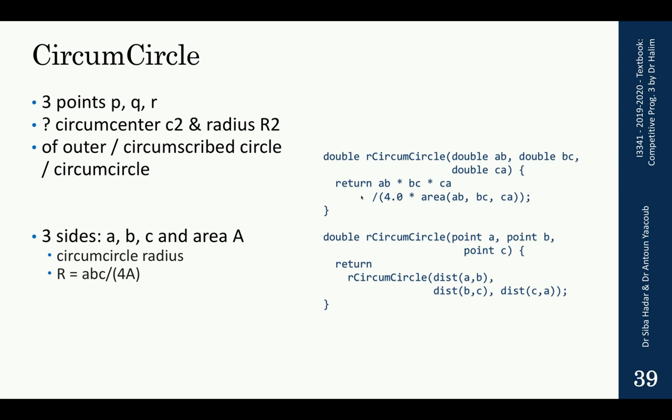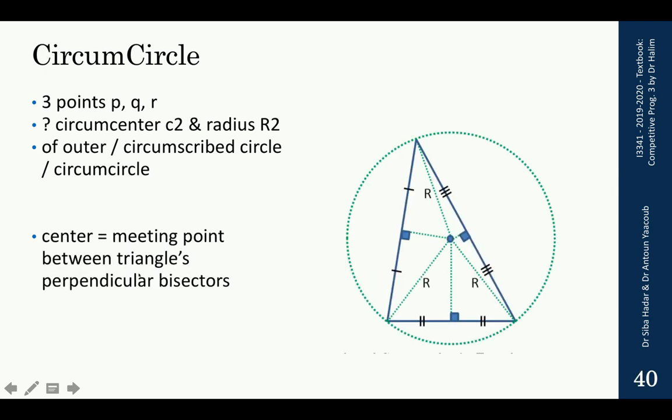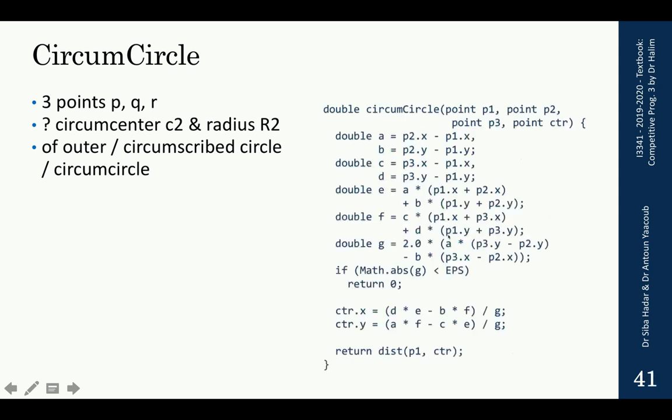The radius is equal to A times B times C over 4 times the area, and the center is the meeting point between the triangle's perpendicular bisectors. So first you trace 2 perpendicular bisectors and you calculate their meeting point. So this is the code for the circumcircle.